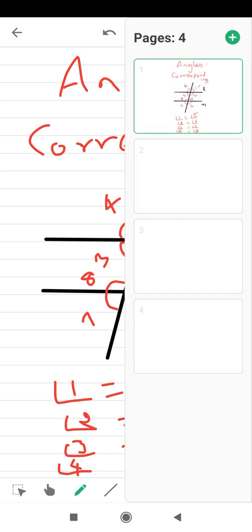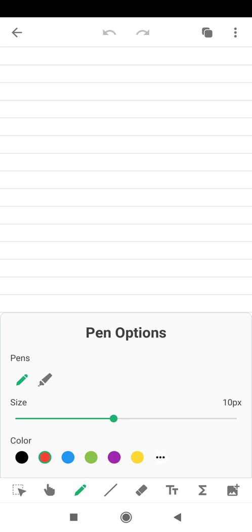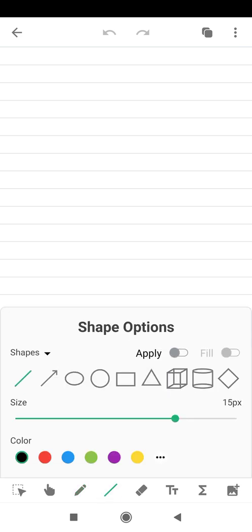Let us go for one more beautiful question. How many of you can find the corresponding angle here? I will draw one triangle.